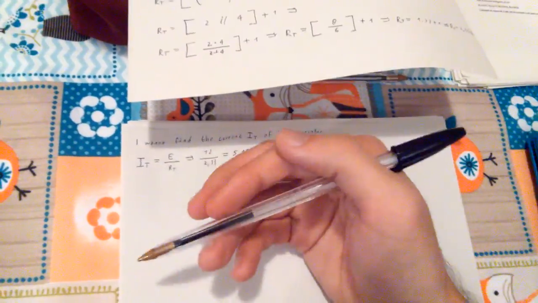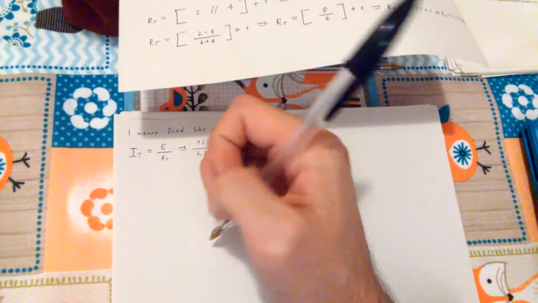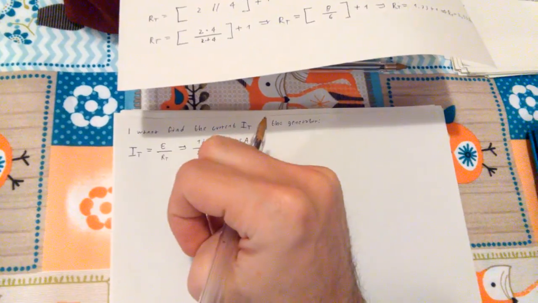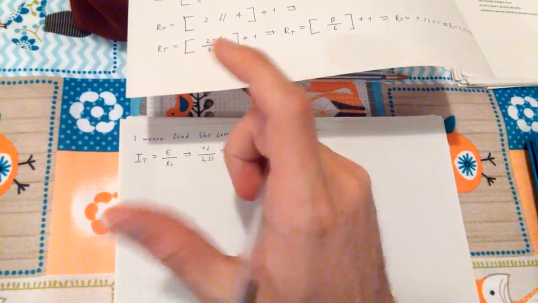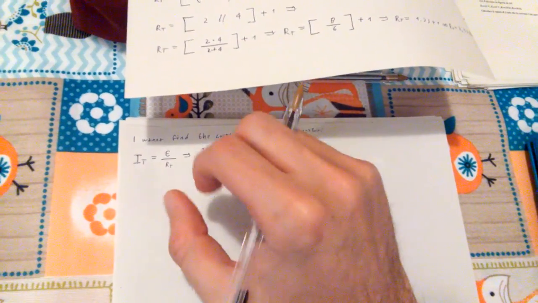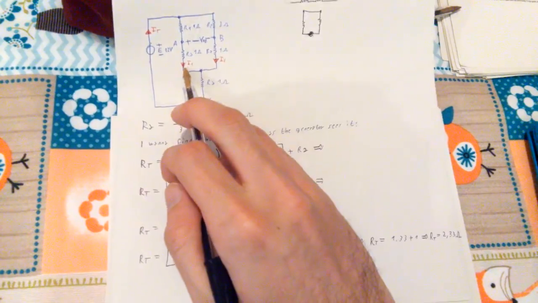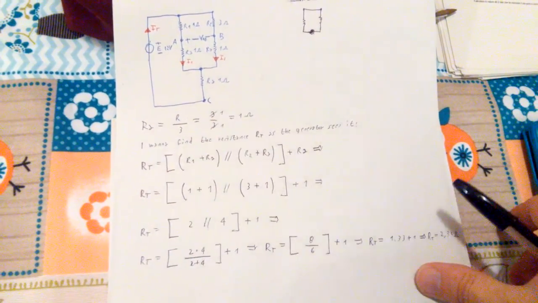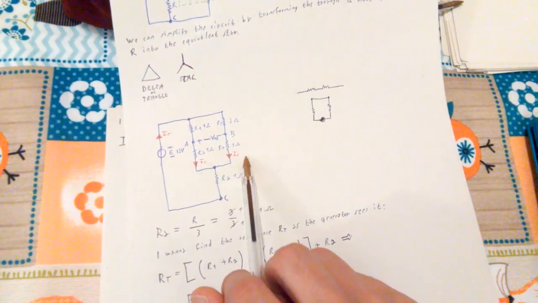Now we're getting there. Now I'm just going to apply the rule of the current partitioner in order to find the two currents I1 and I2. So how do I find I1 and I2?